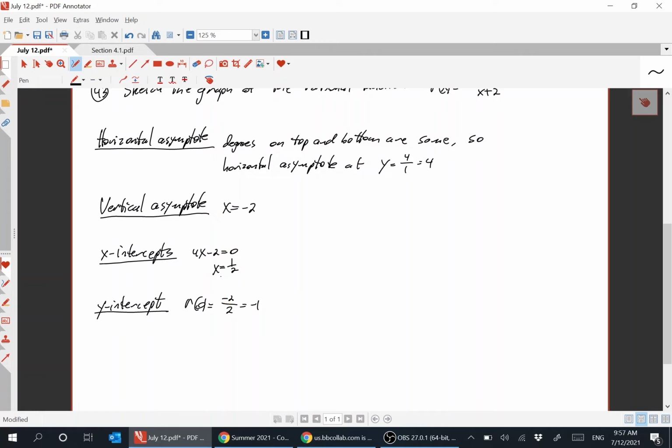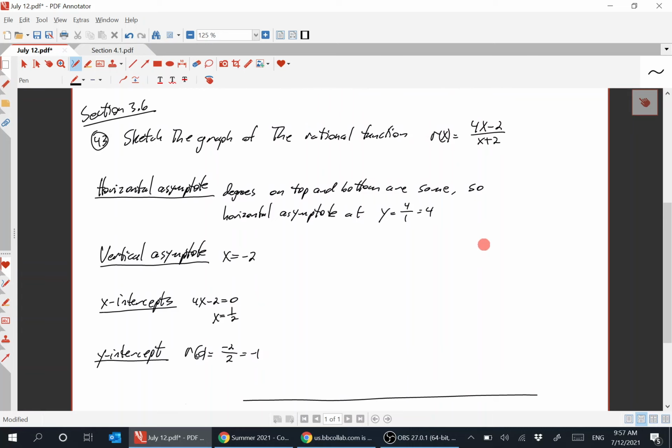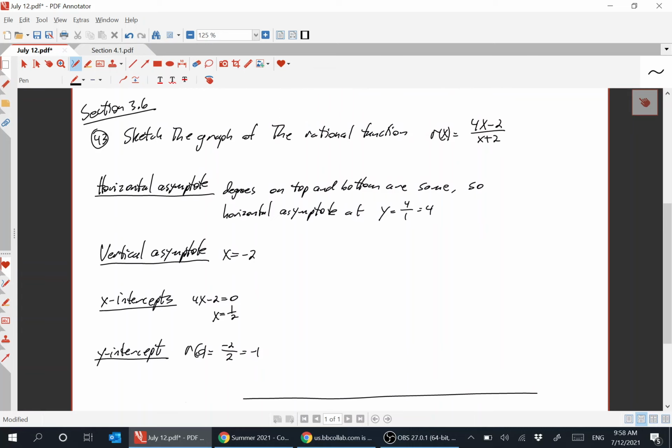And then we want to know about positive and negative. We've got these points where the top of the rational function is equal to 0, and these points where the bottom is equal to 0. These are special points where the rational function can flip from being positive to negative.